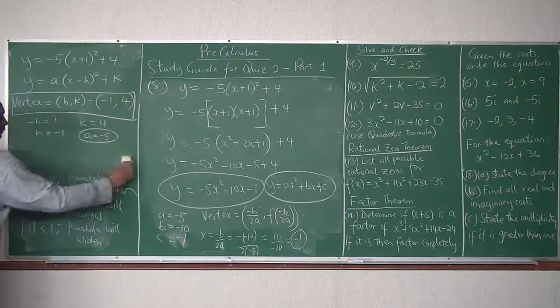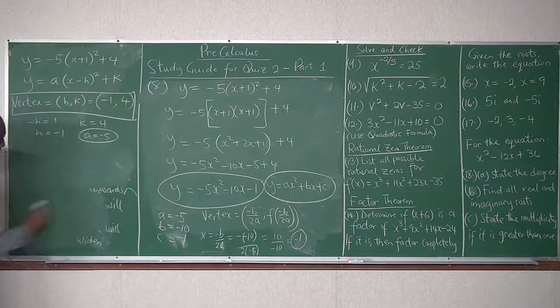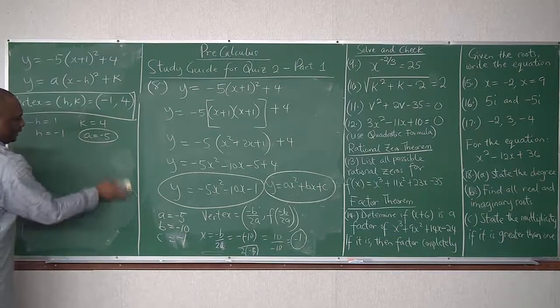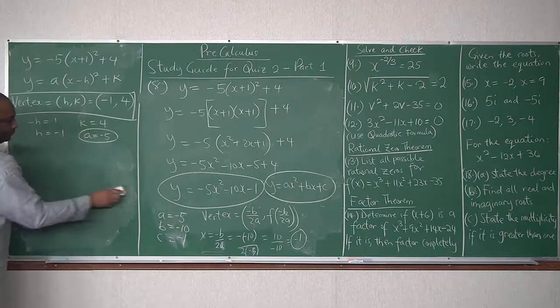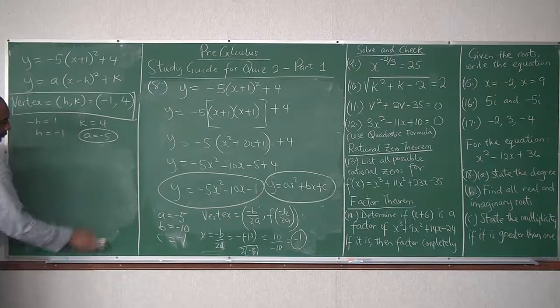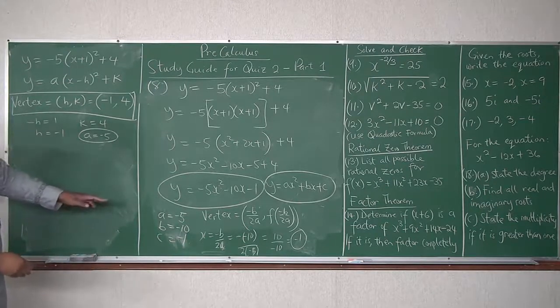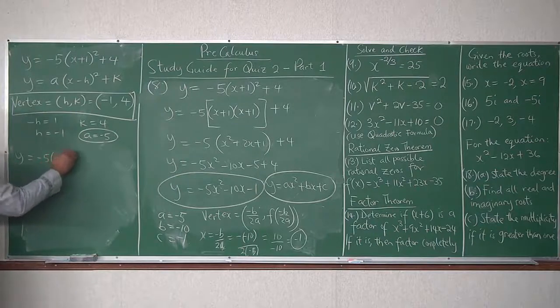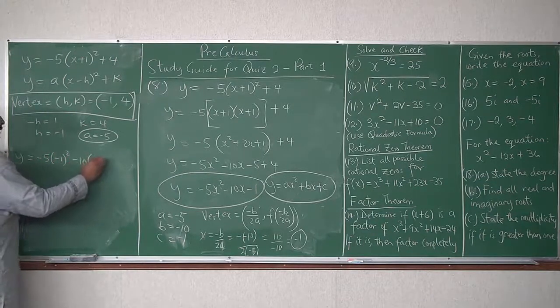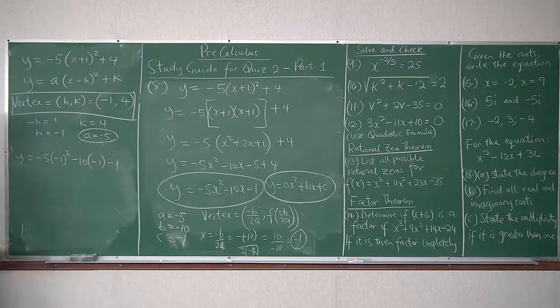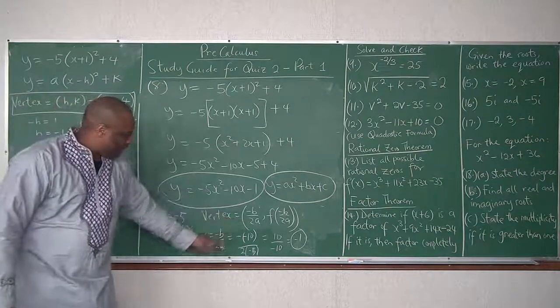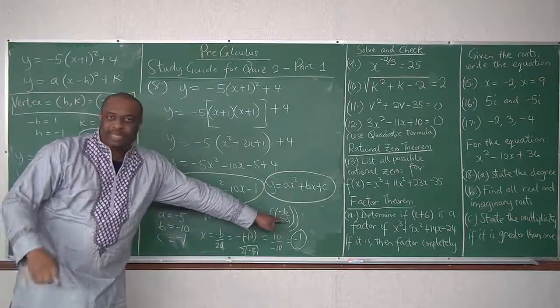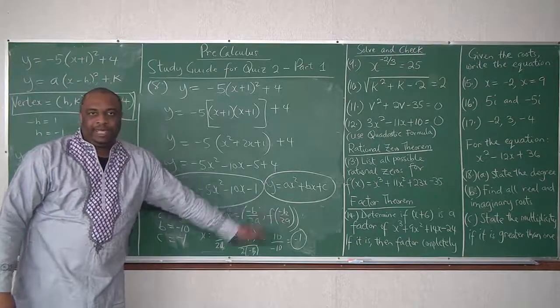If we substitute to get that of y, it will be -5 times (-1) all squared minus 10 times -1 minus 1. This means whatever you get as x, then f of x is y.